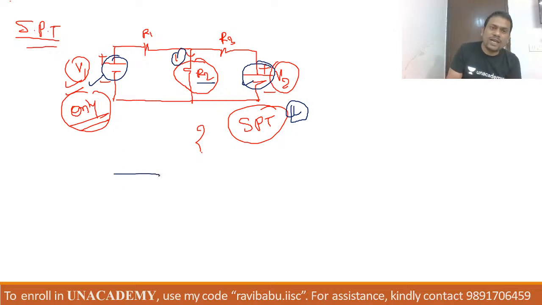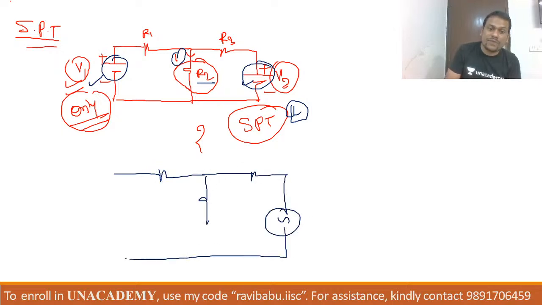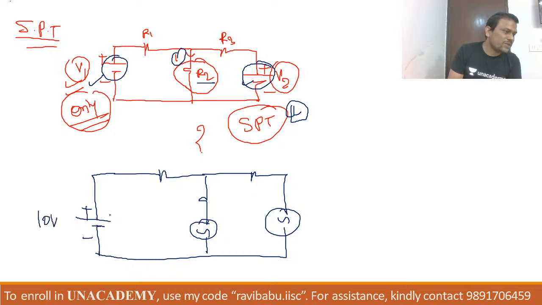Now I want to tell you one more circuit, where we have sources of different frequencies. For example, this is 1, this is 2, and this is a DC source. Let us assume it is 10 volts.